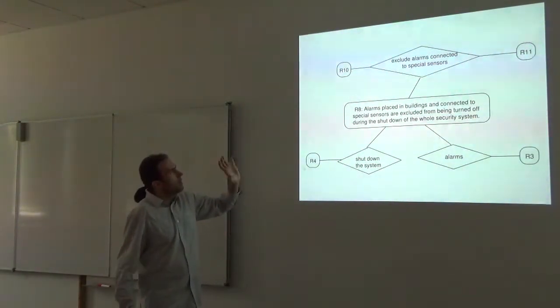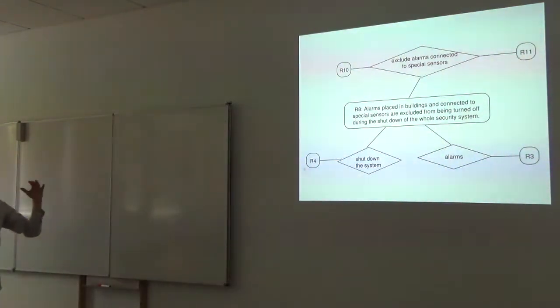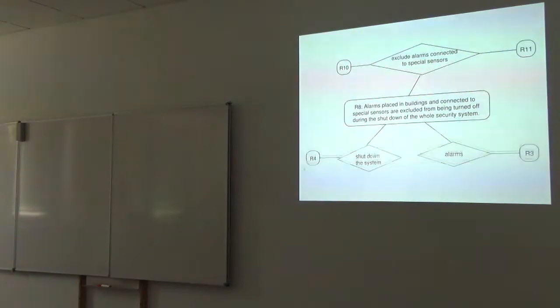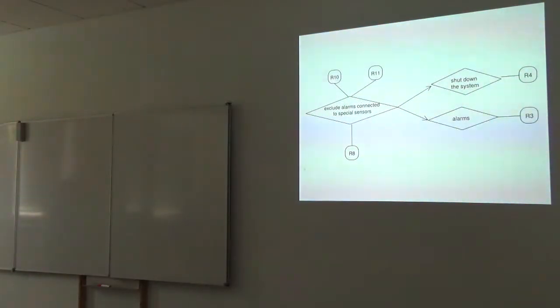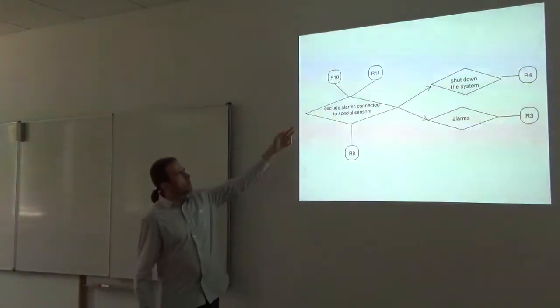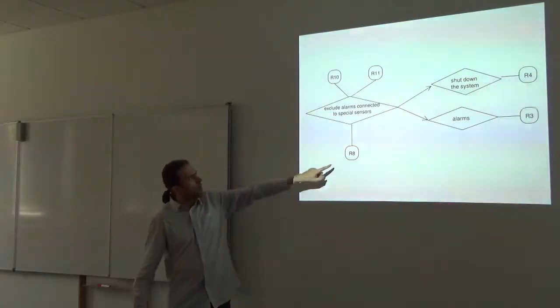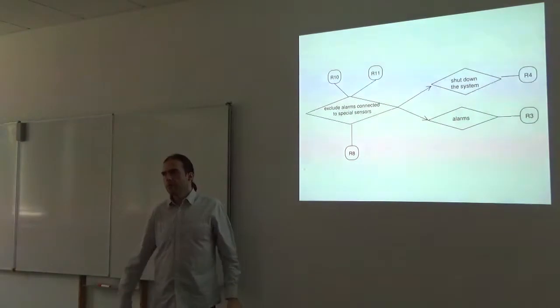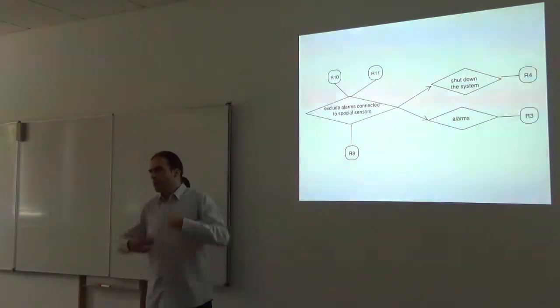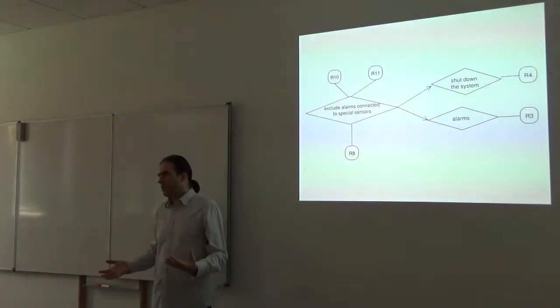And we might ask, once these requirements vanish, what relationships will be there between these themes? One of the solutions that we might come to is that exclude alarms, connected to special sensors, would take responsibility for this requirement 8 and impose that requirement on other structural elements of our system that are affected by this requirement.